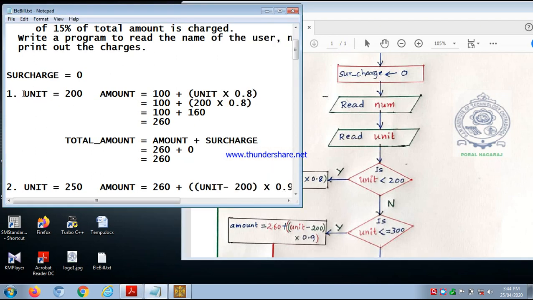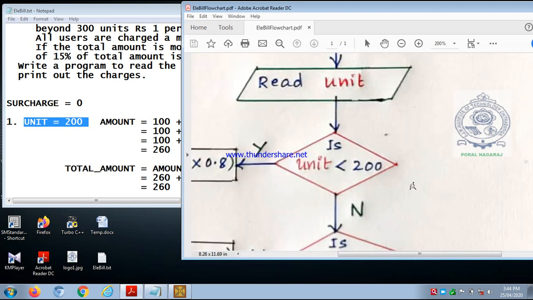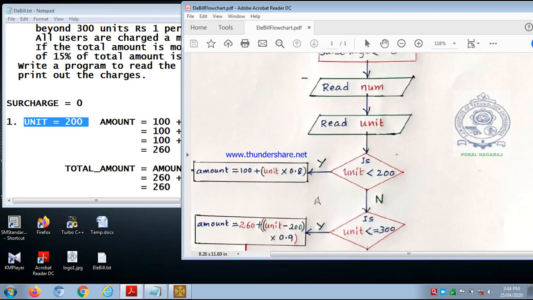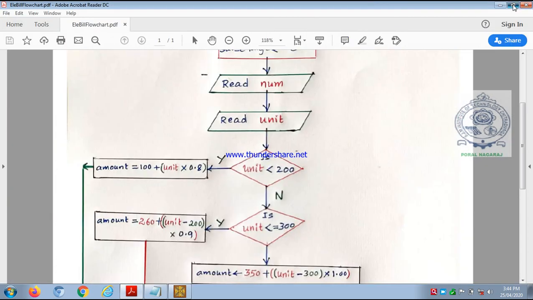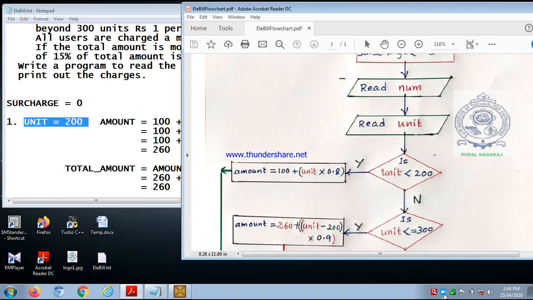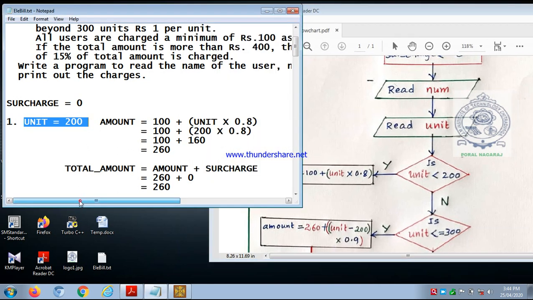First we have to compute for the first 200 units. That's why here is unit less than 200. So if unit is less than 200, what is the amount?